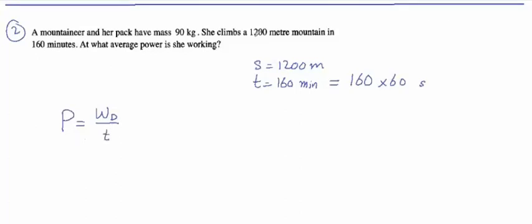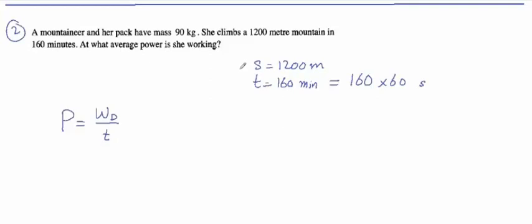She is climbing 1200 meters. So we assume that she is doing this work with a constant speed, because if you don't consider it as constant speed, then some more information must be provided in the question, like by what rate the speed is changing, if there is acceleration. So we assume that it is going with a uniform speed.